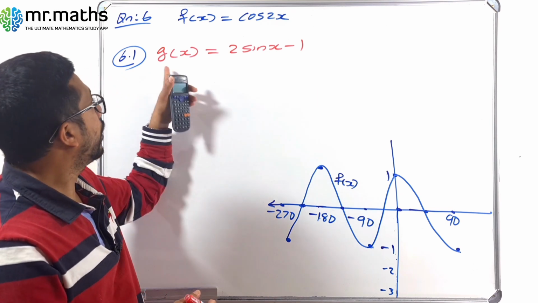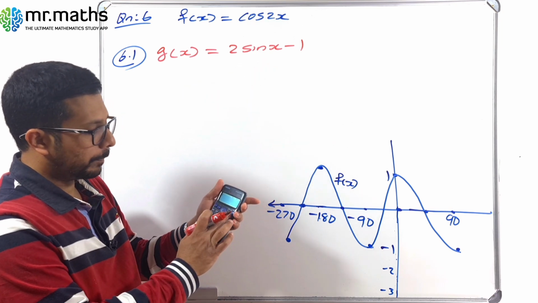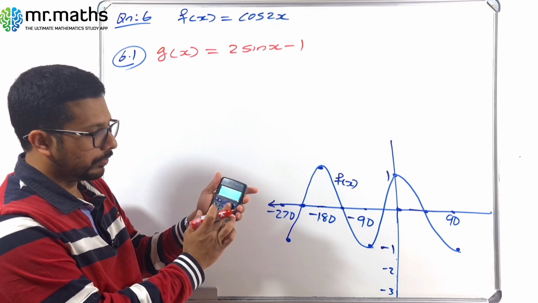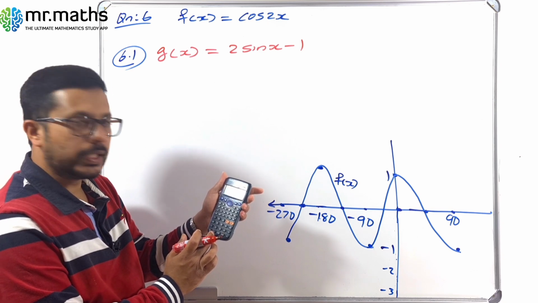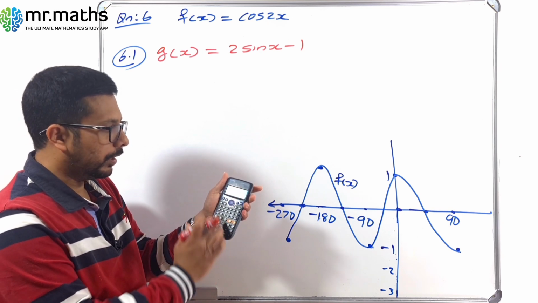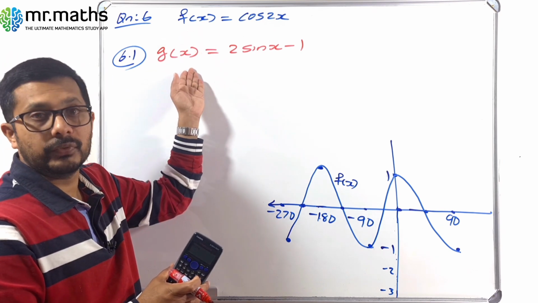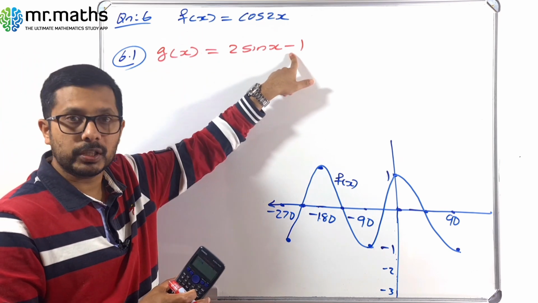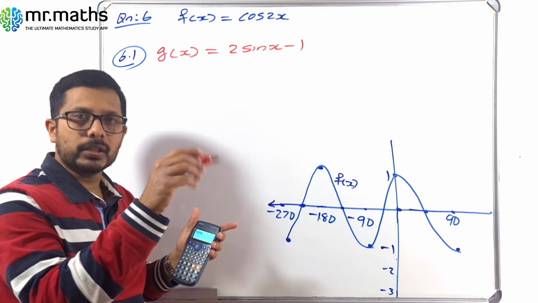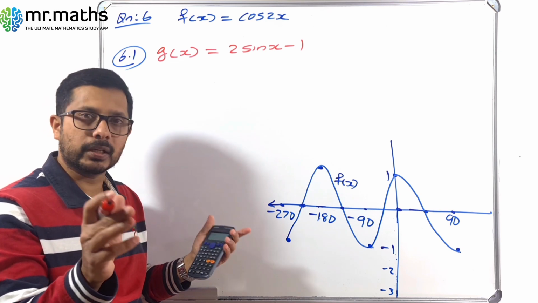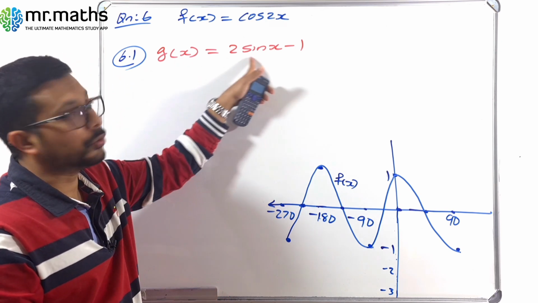Now you have to type this equation g of x. To type the equation, first click on mod, then you will get three options, the table. So number 3, f of x is equal to. It doesn't matter whether it is f of x or g of x, we just want to know the points for 2 sin x minus 1.